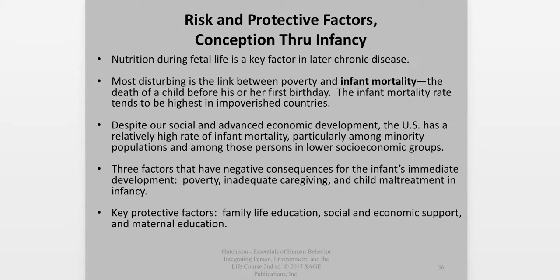I mentioned this in an earlier talk. The three factors that have negative consequences for the infant's immediate development are poverty in the infant's environment, inadequate caregiving, and child maltreatment in infancy. Key protective factors for the infant: family life education, social and economic support, a very vital thing that our society begrudgingly hands over, if that, and maternal education.